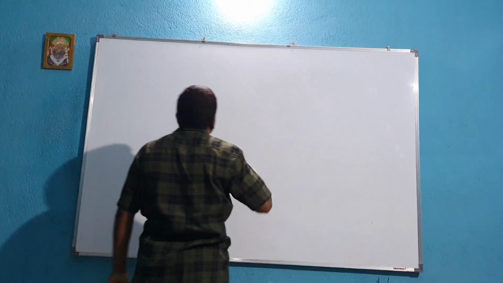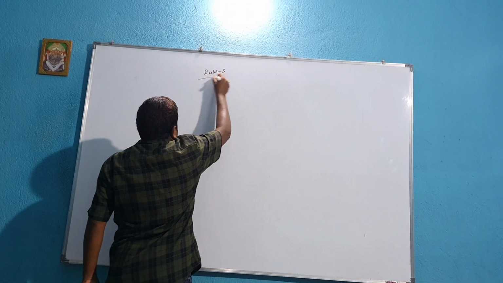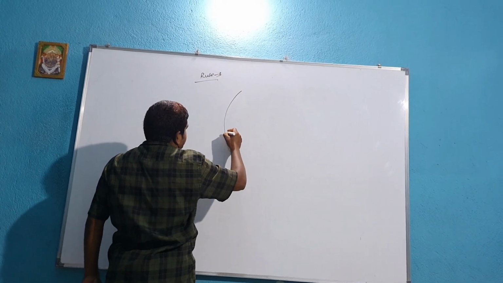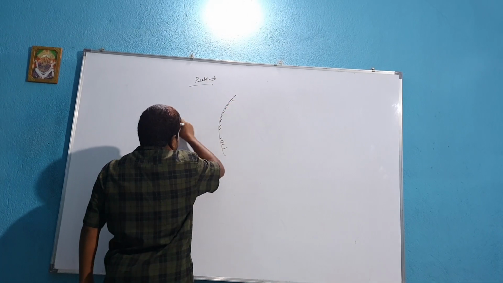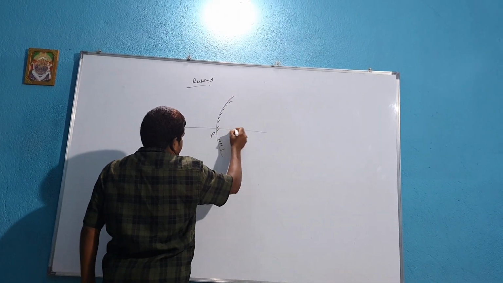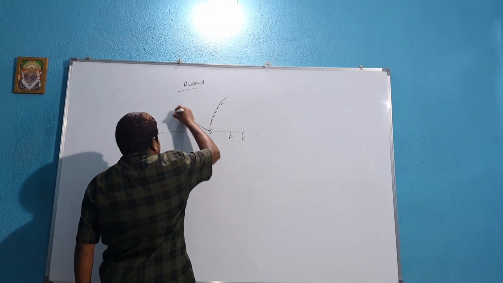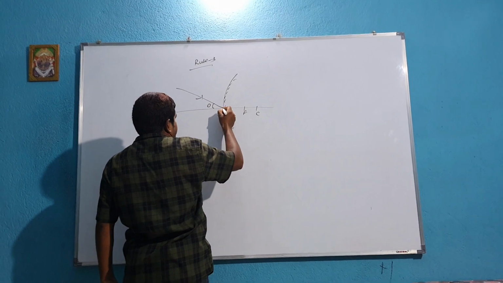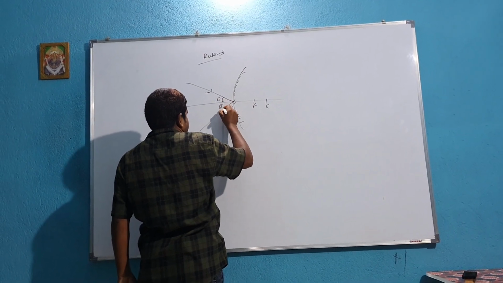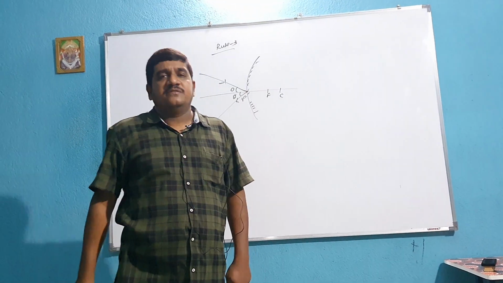Then rule 3, when the incident ray strikes the pole at a particular angle, that is theta angle, then the reflected ray also comes out at the theta angle. The reflected angle also comes out at theta.